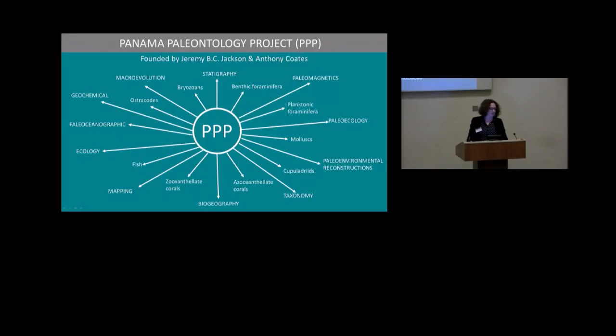More importantly, the PPP established that quantitative, rigorous, multidisciplinary, and systematic sampling and analysis of the fossil record can reveal fundamental ecological and evolutionary processes that mold the history of life in biodiverse tropical seas.